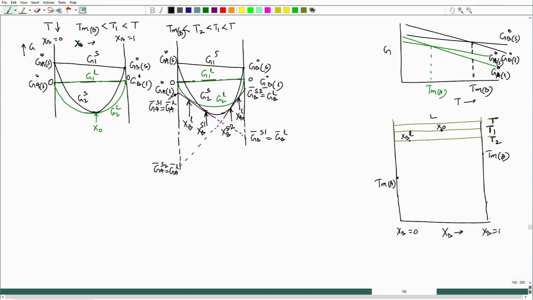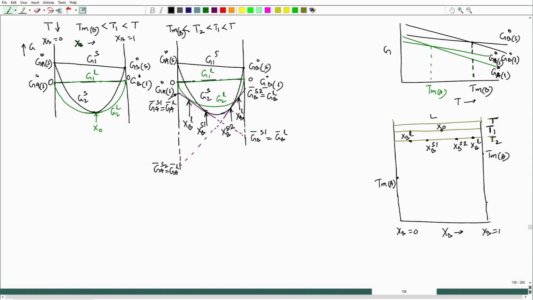Then one more is here XBS1, and here is XBS2 and here is XB liquid. Okay. All those compositions are shown here at T2.